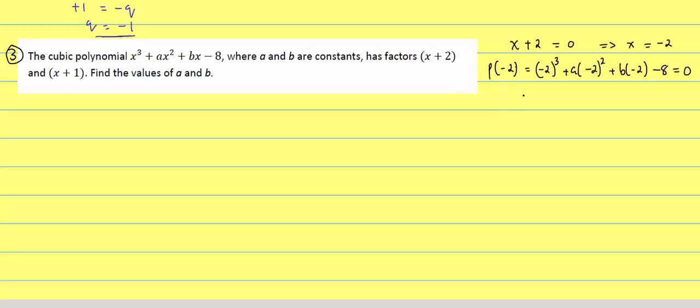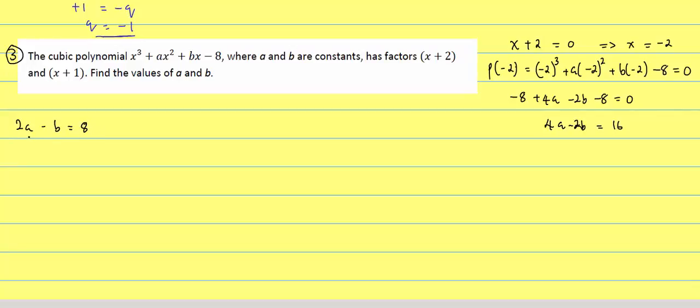Now simplifying this will give us minus 8 plus 4a minus 2b minus 8 equal to 0. You will agree with me that this will simplify to 4a minus 2b is equal to positive 16. Now dividing throughout by 2, that will give us 2a minus b is equal to 8.